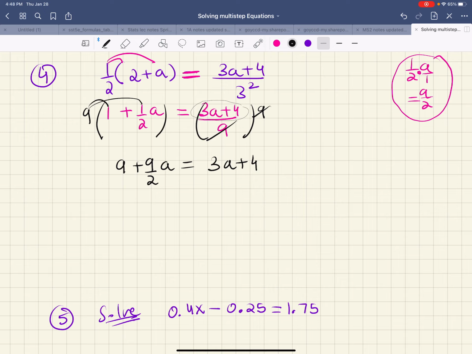And the next step, I'm going to bring a's on one side. Again, 9/2 is like 4.5, I think. Yeah. And 4.5 is bigger than 3. So I'm going to bring the variables on the left-hand side. It doesn't really matter which side you keep your variables on. You can keep them on the left or right. But doing one can be easier than doing the other choice.